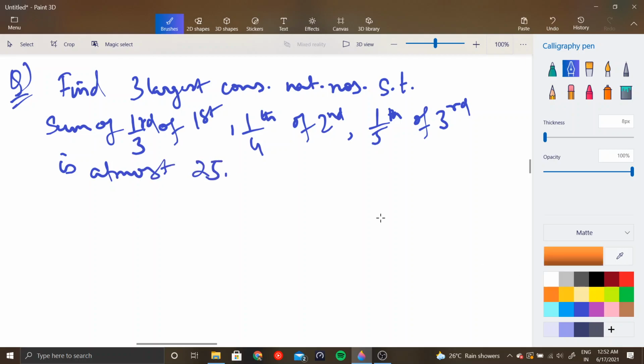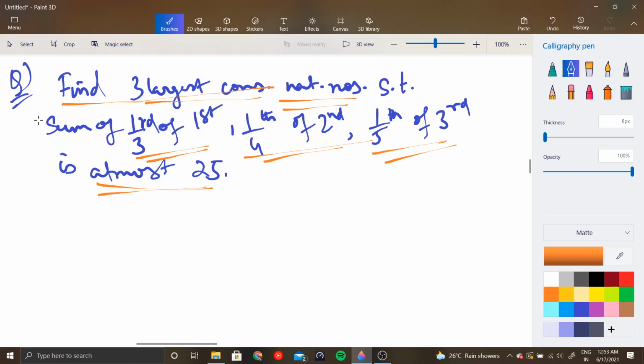So the question has asked you to find three largest consecutive natural numbers, such that the sum of 1/3 of the first number, 1/4 of the second number, and 1/5 of the third number is at most 25.